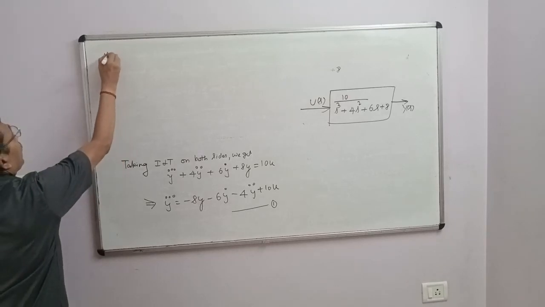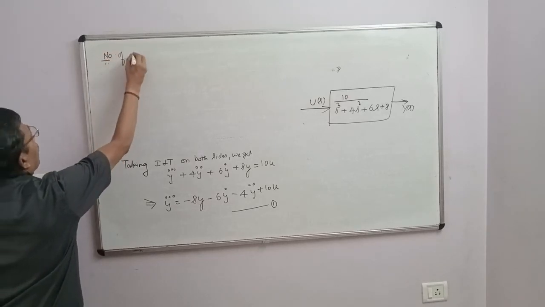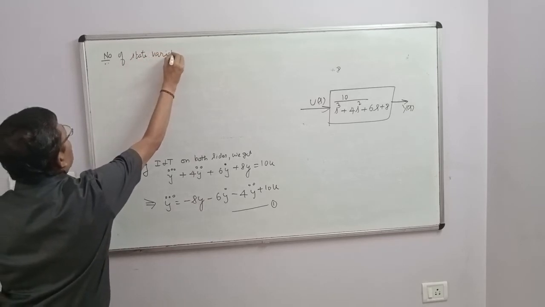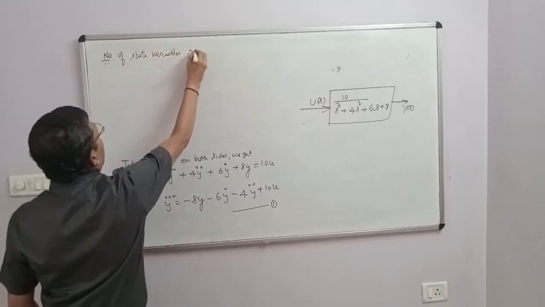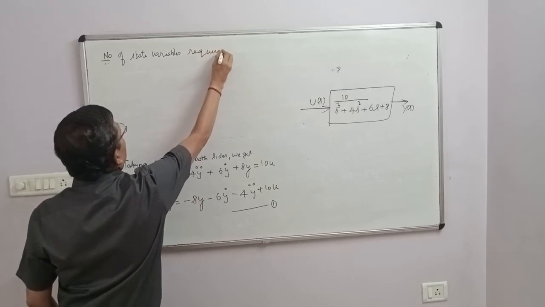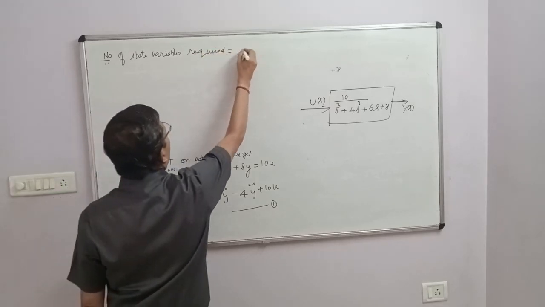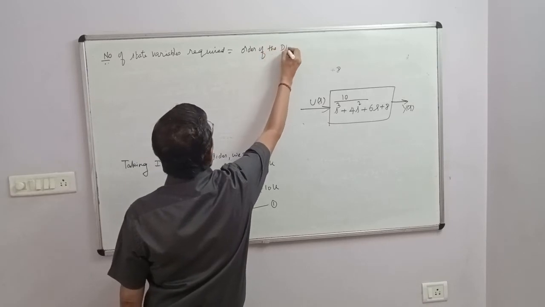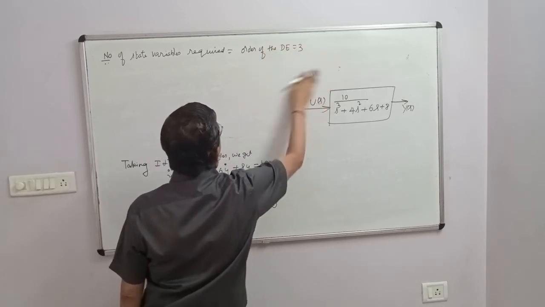Number of state variables required is equal to the order of the differential equation, equal to 3.